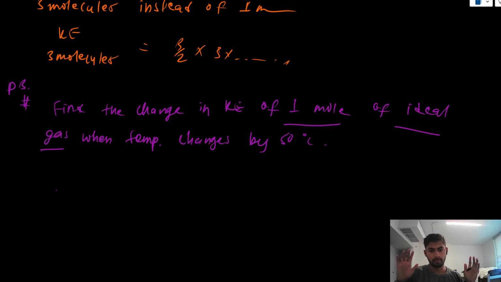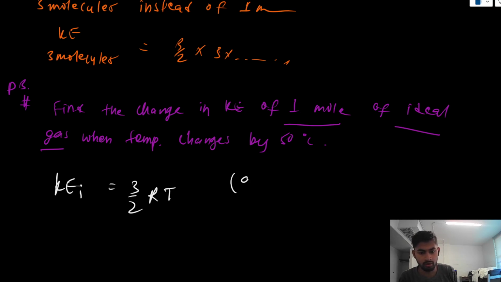So, to compute the change in kinetic energy, we subtract initial from final. Kinetic energy initial will be 3/2 RT, assuming T is the initial temperature.